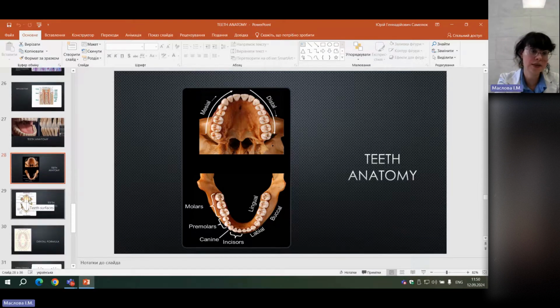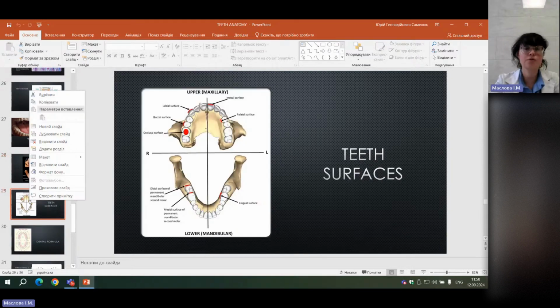What about teeth? Concretely, the teeth surfaces. You can see upper or maxillary and lower or mandibular jaws, right and left sides. What about the upper jaw or maxillary? You can find the incisal surface. Incisal surface belongs to the incisors and canines.